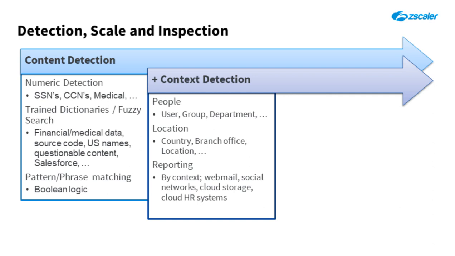Detailed reporting is available by cloud application, such as webmail, social networking, cloud storage, and by context, user, group, department, location, or protocol.